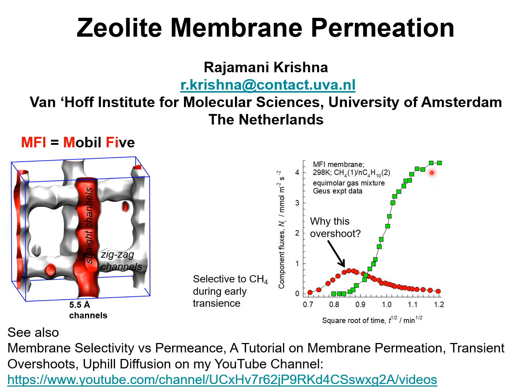And at steady state, the mixture permeation is selective to normal butane that has the higher adsorption strength. However, during the early transients, the permeation selectivity is in favor of methane that has a significantly lower adsorption strength than normal butane.